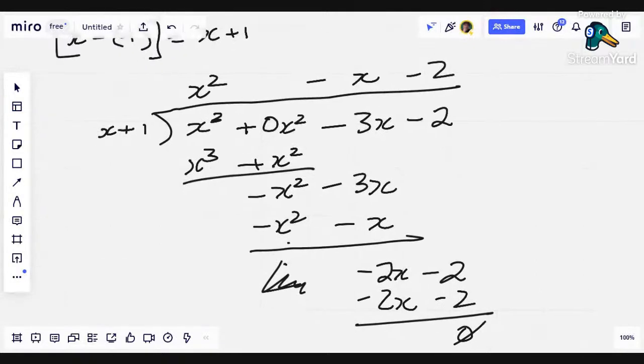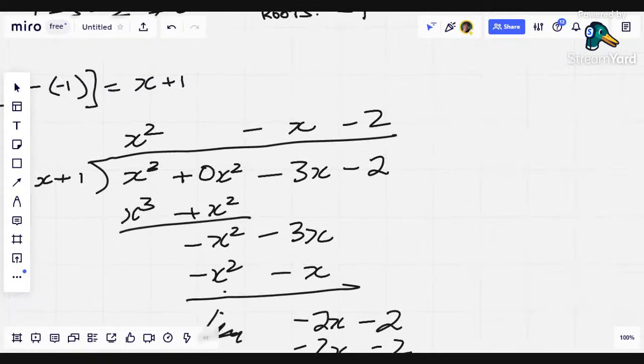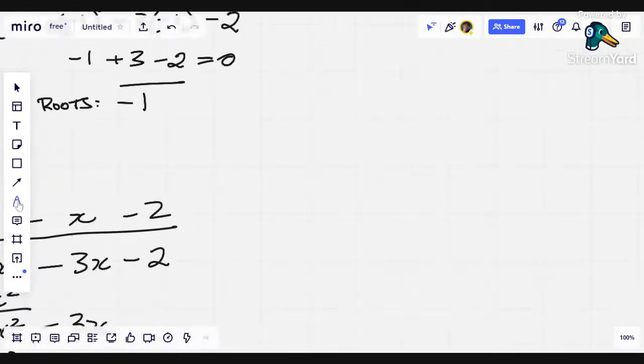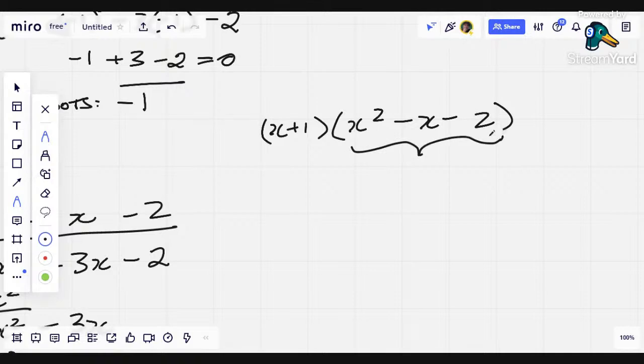So now let's summarize what we've got so far. We've got x plus 1, x squared minus x minus 2. That's the partially factored denominator. Now we've got one more set of factoring to do, and that's this quadratic. We've got all sorts of tools.